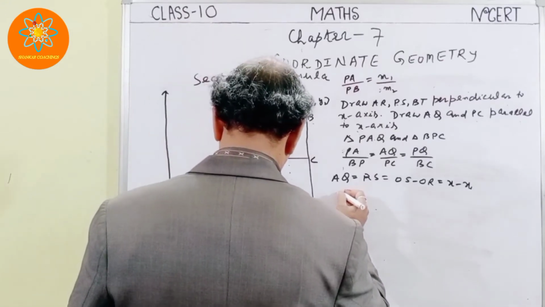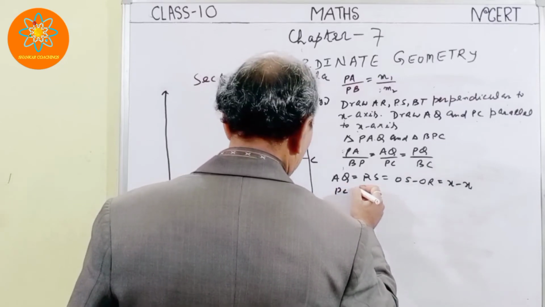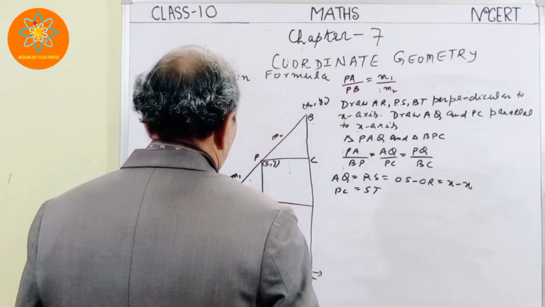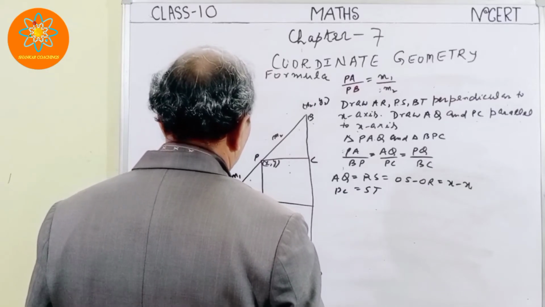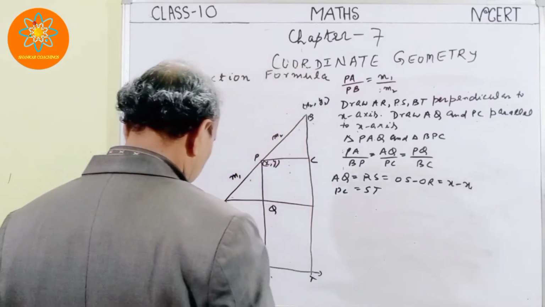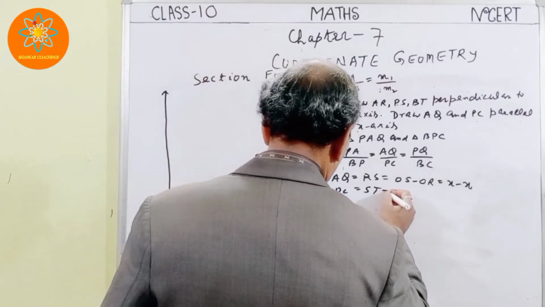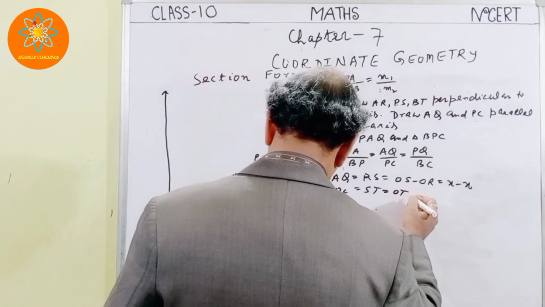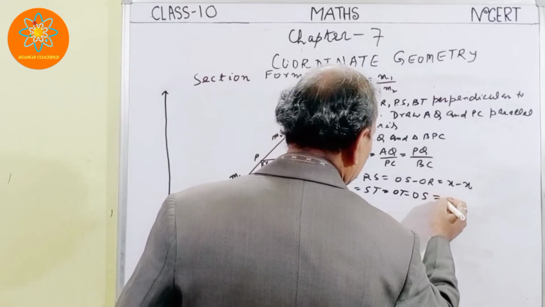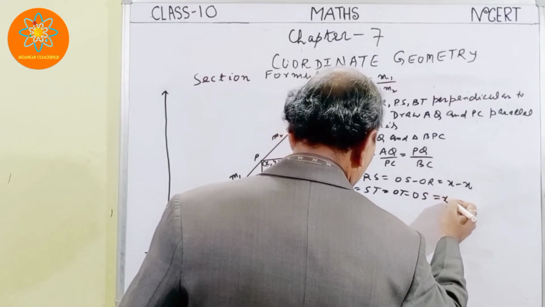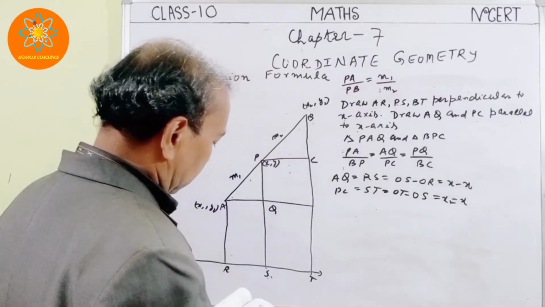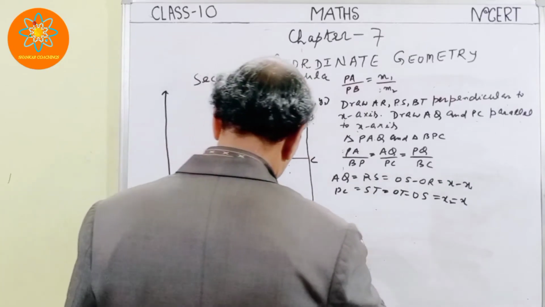Next one is PC. The value of PC is equal to ST, and it is equal to OT minus OS, which is X2 minus X. Then what about PQ?